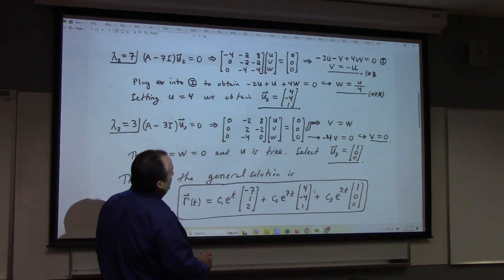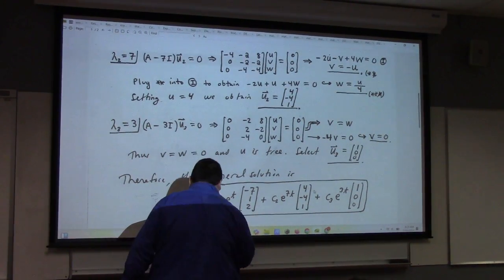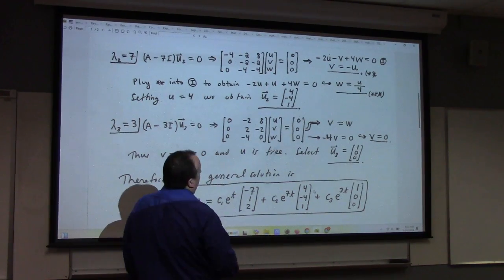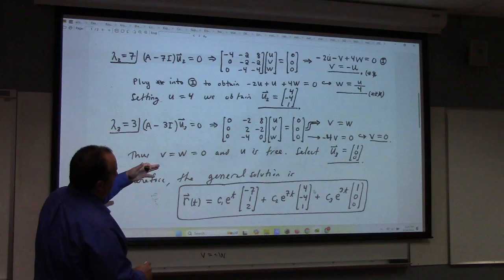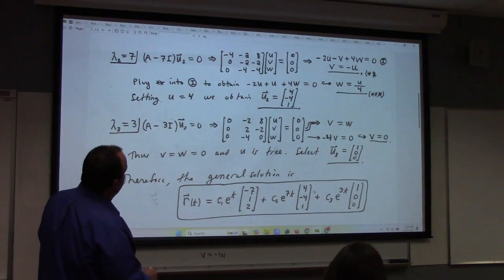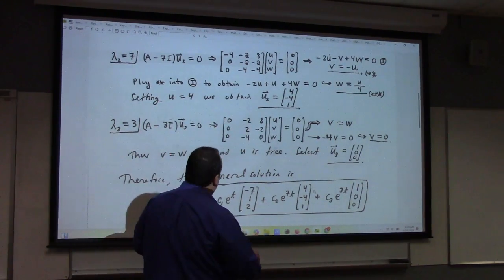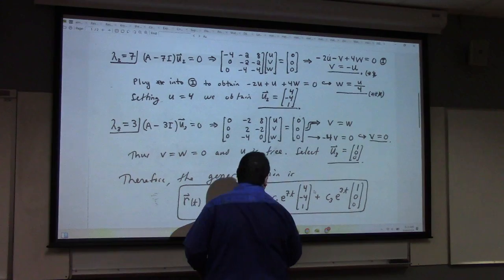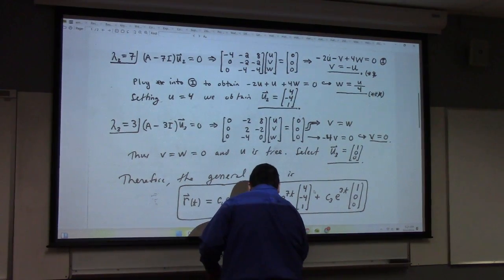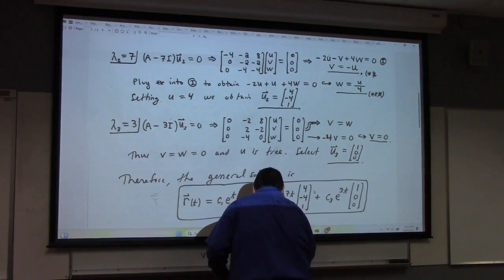So let's see here, v equals minus w, right? And v equals minus w. For star star, replace star star with v equals minus w. Then my top equation, minus 2u minus v plus 4w.